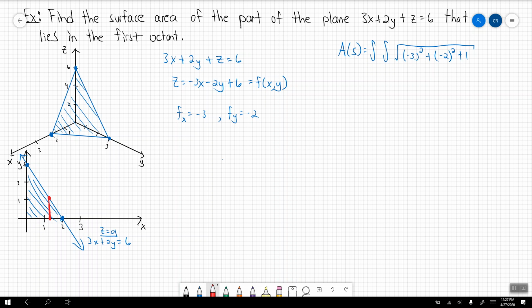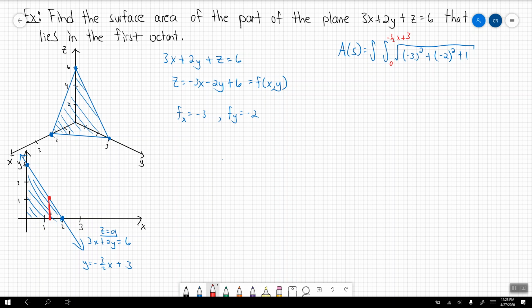So what's the bottom y value? Well, the bottom y value is just 0. What's the top y value for this height? Well, this height has a y value of this line. That y value is negative 3/2 x plus 3. So that top part of that height is negative 3/2 x plus 3.